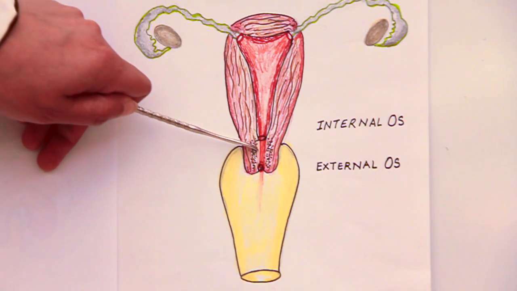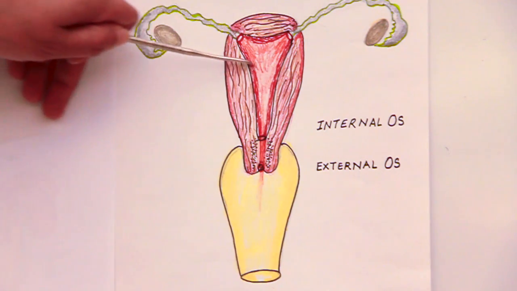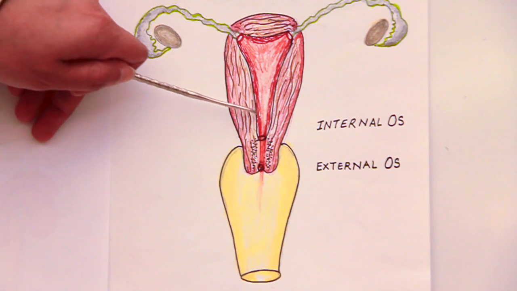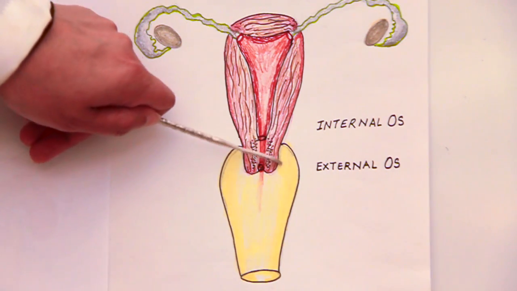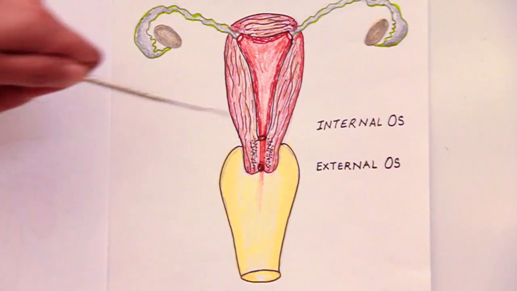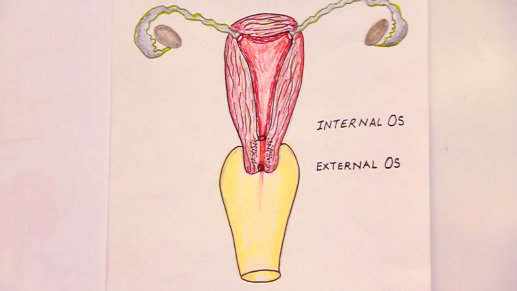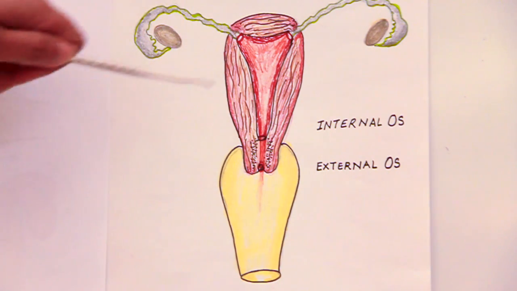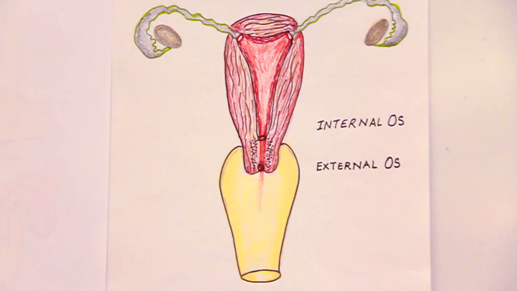Now we move down. So we just have talked about the layers of the wall of the uterus. If we move down, we talk about the cervix, the lowest part of the uterus. It's not exactly like the uterus itself. It's a continuation, but its configuration is different.